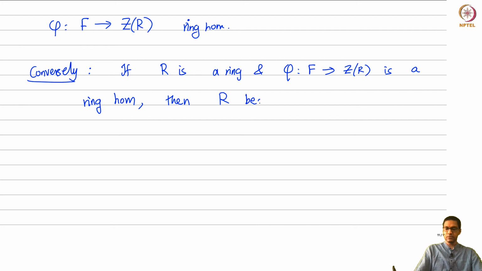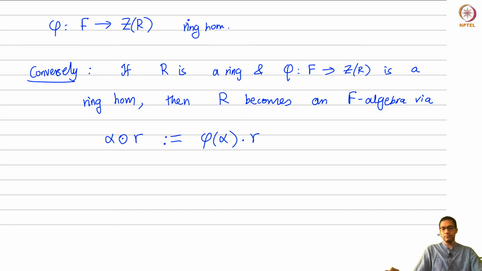R becomes an F algebra via the following definition of scalar multiplication. Given any element alpha and an element r of the ring, how do I compute alpha scalar multiplying r? I first apply this homomorphism phi to alpha, which gives me some ring element, and I just multiply that by r.